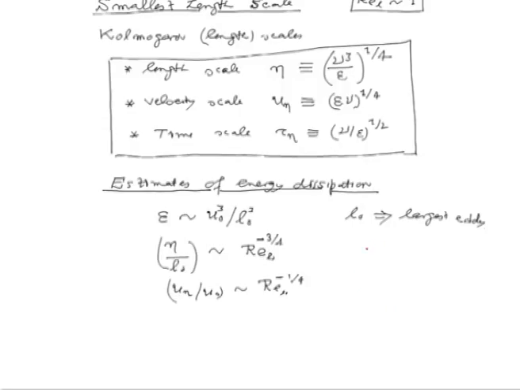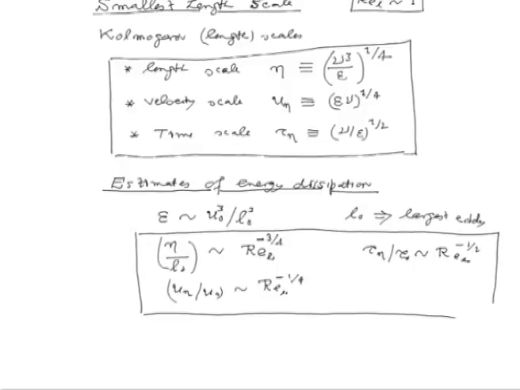And similarly, for our time scale, tau eta by tau 0 is of the order of Re L0 to the power minus half. Now, these relations are very pertinent in the numerical simulation of turbulent flows.